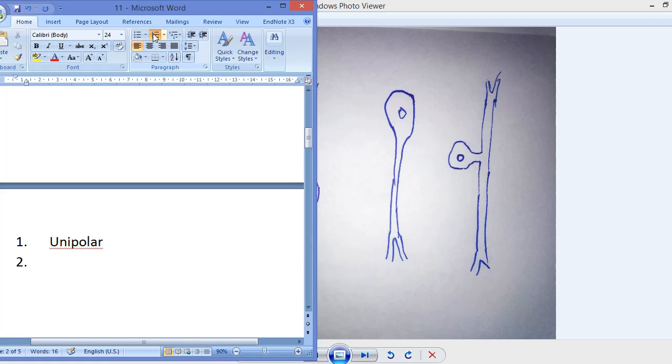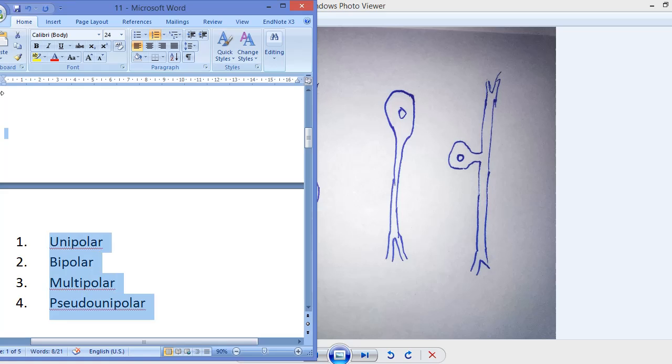Unipolar neuron, bipolar neuron, multipolar neuron, and pseudo-unipolar neuron. These are the four types of neurons which are present in the nervous system.